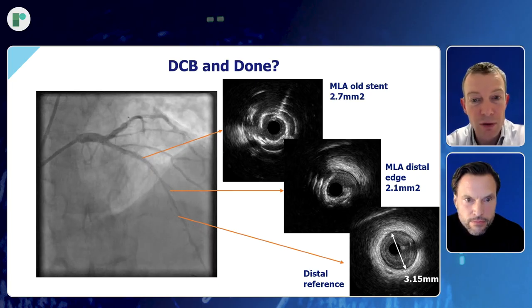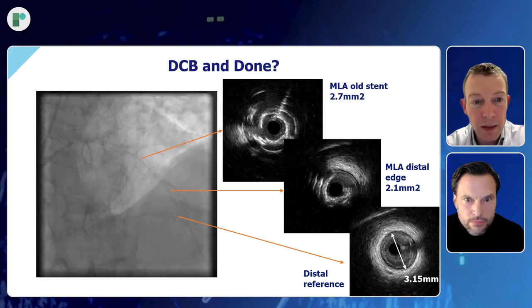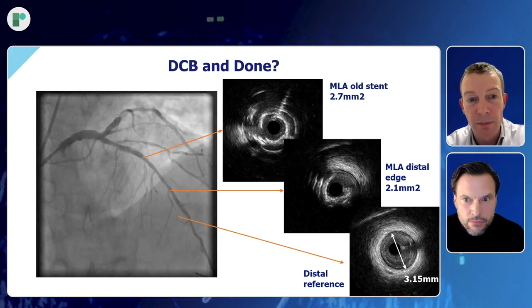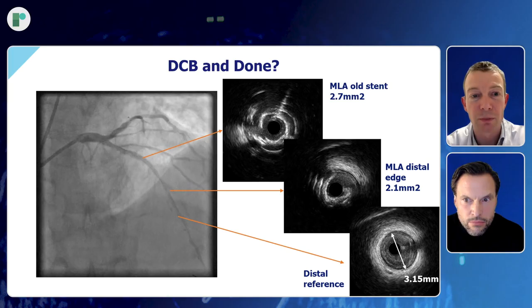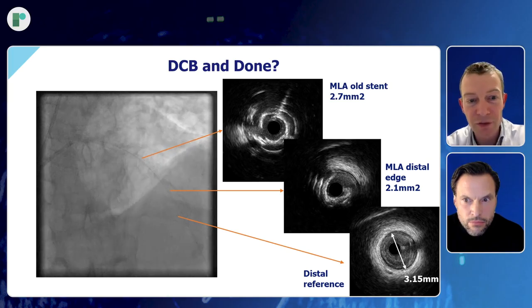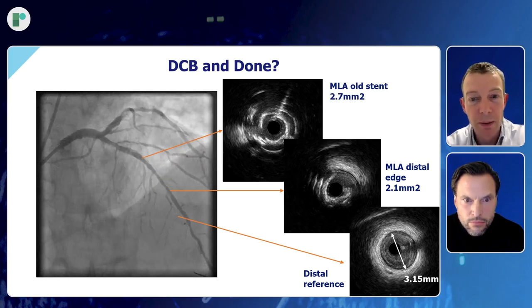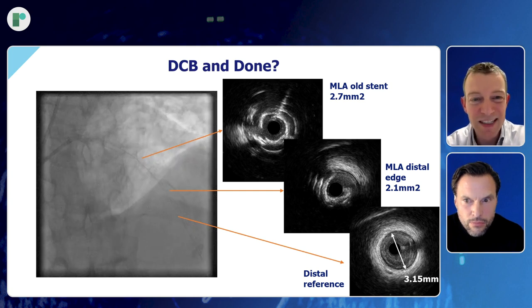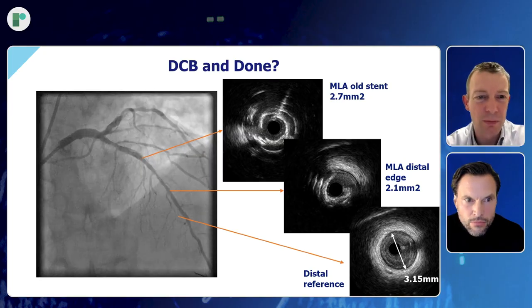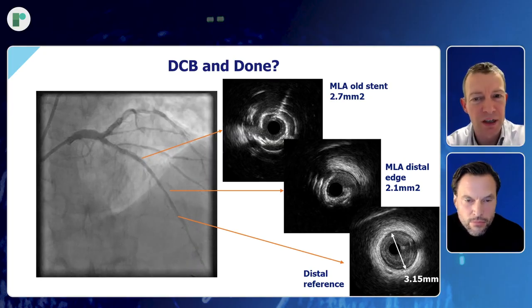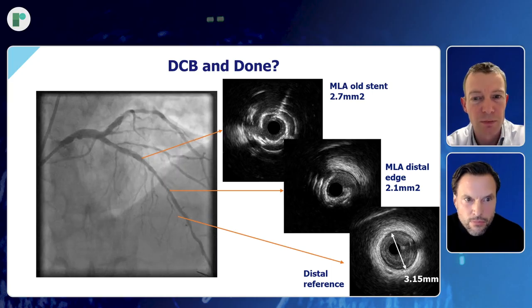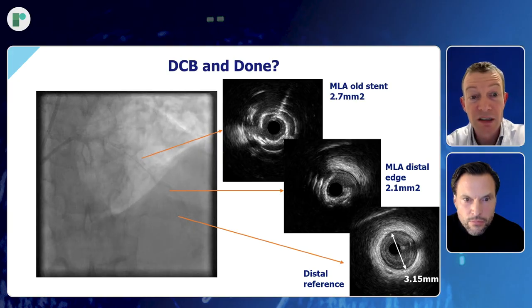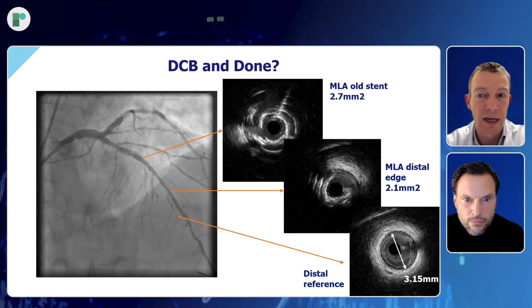So obviously you could argue, well, we'll do a DCB, but if you already know that after a decent inflation with a Trio non-compliant balloon, an angiographic result that looks quite good, but an IVUS showing you an MLA of 2.1, there is in this case not too much sense to do just a DCB, but potentially a new scaffold, in this case a drug-eluting stent, which would make more sense in order to get a proper increase in the lumen diameter, which is eventually what we're all aiming for.